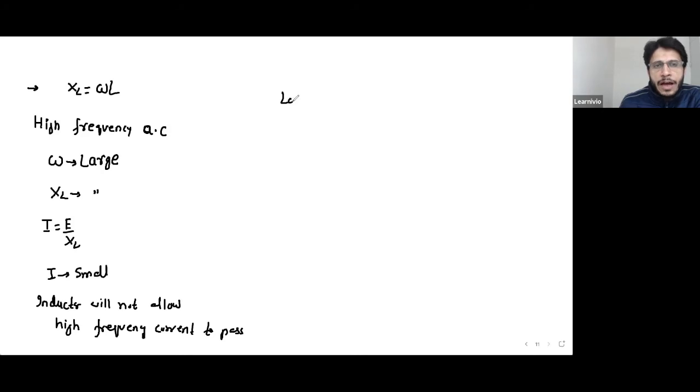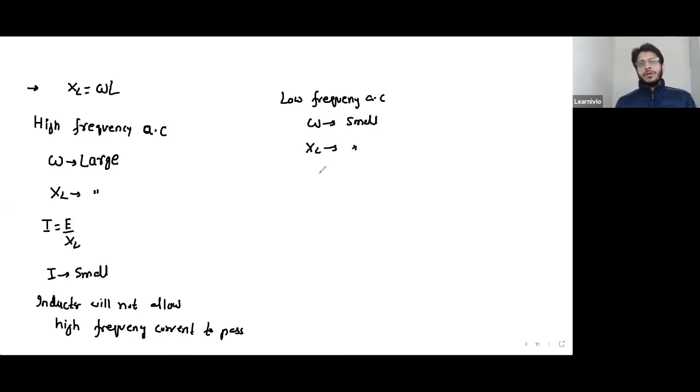Now, instead of high frequency, if you have a very low frequency AC, that means your omega is small. If your omega is small, that means your XL is small. If your XL is small, then I is E by XL, that means your I is large, your current is large. If your current is large, the inductor will allow the small frequency to pass through it.